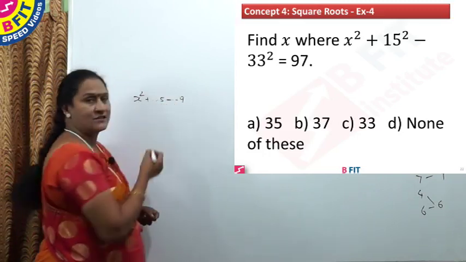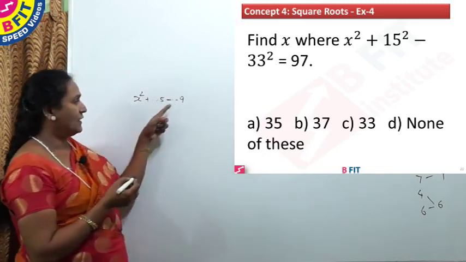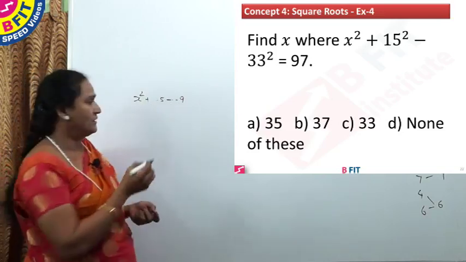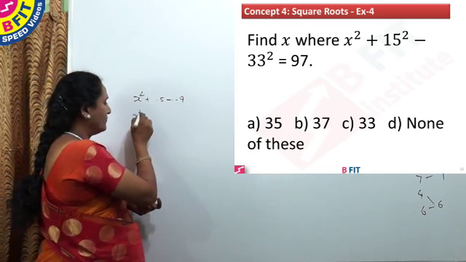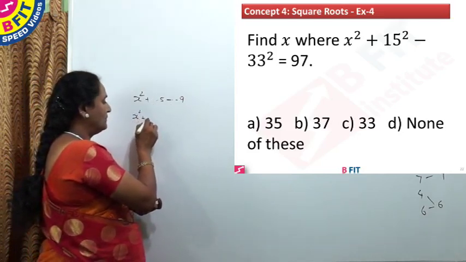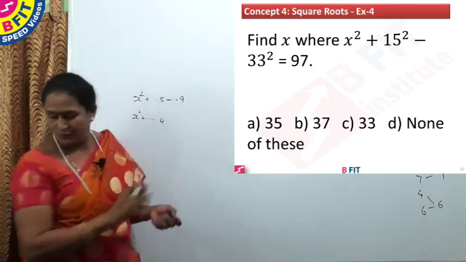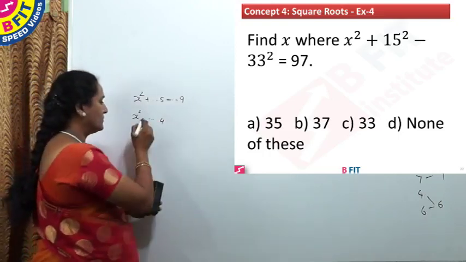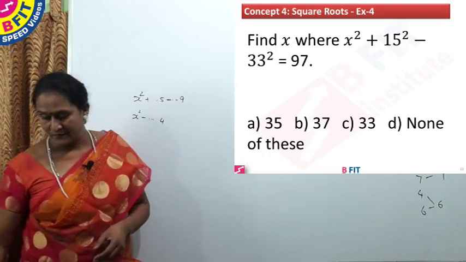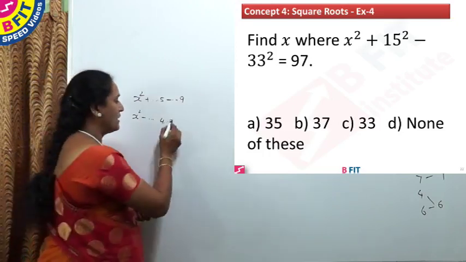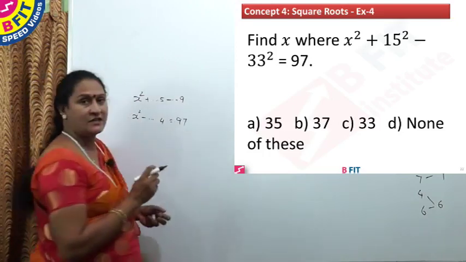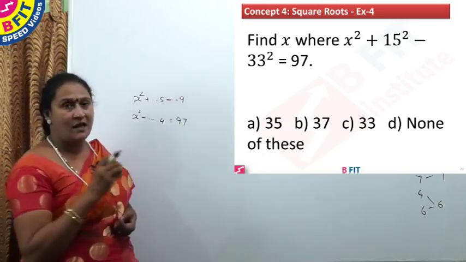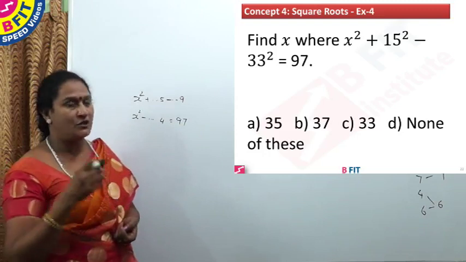And when you square a number ending with 3, it will end with 9. So you have a minus sign. When you subtract 9 from 5, as 33 square is higher, you will have some number ending with 4, and it will be minus. I am working out with unit places instead of solving the question and then choosing the options.